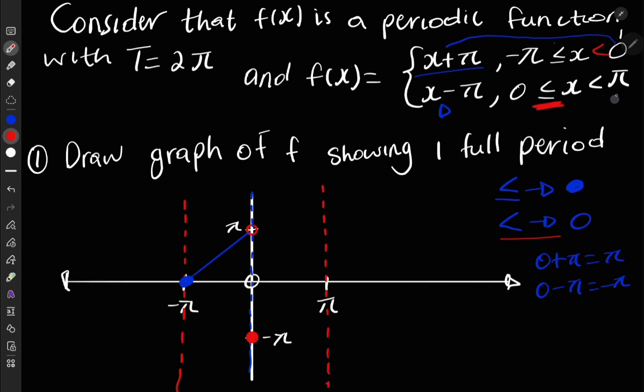This is pi. In order to know the corresponding y value, you substitute pi in the place of x. You have pi minus pi, which is 0, so it's going to be that point. And then the rest you can do is connect them.